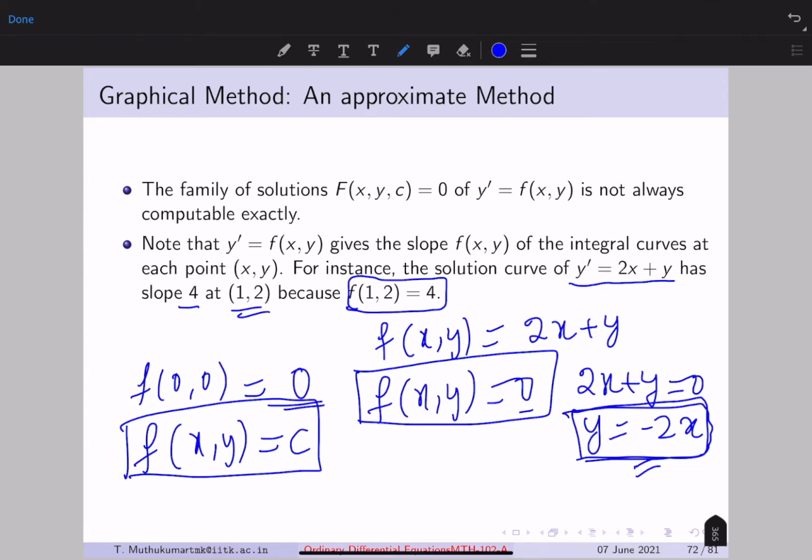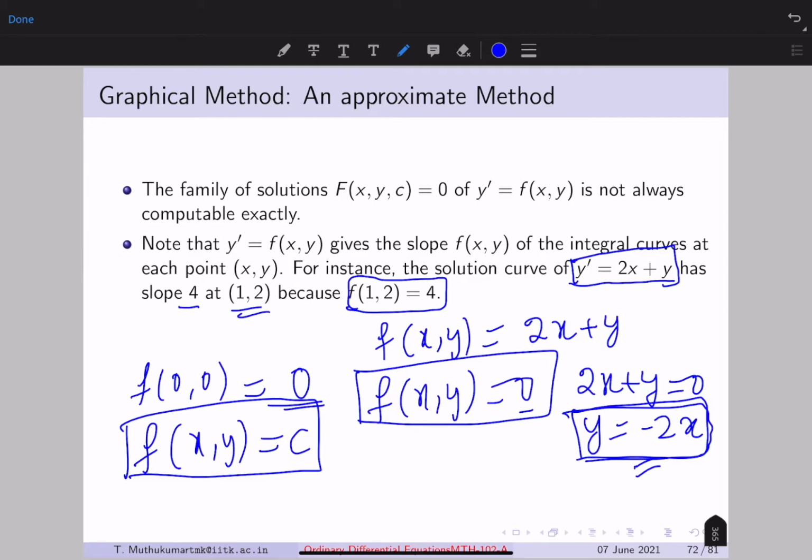So with just this differential equation, you have the slope of the tangent at every point for the unknown curve. And if you know the slope of the tangent at every point, you just draw a curve such that it has a tangential intersection at these points with that slope.